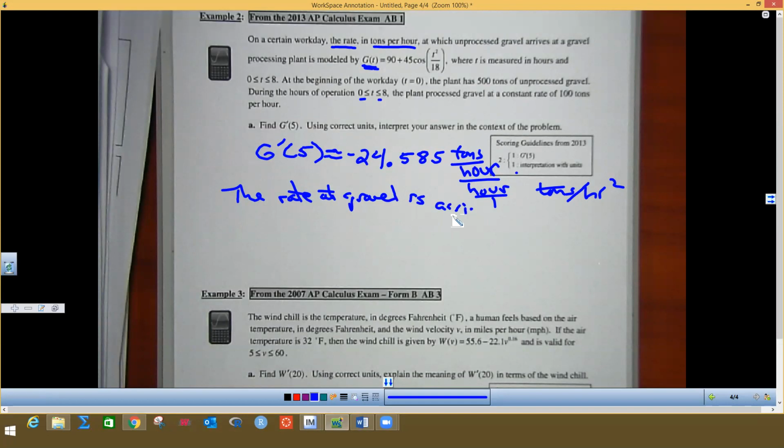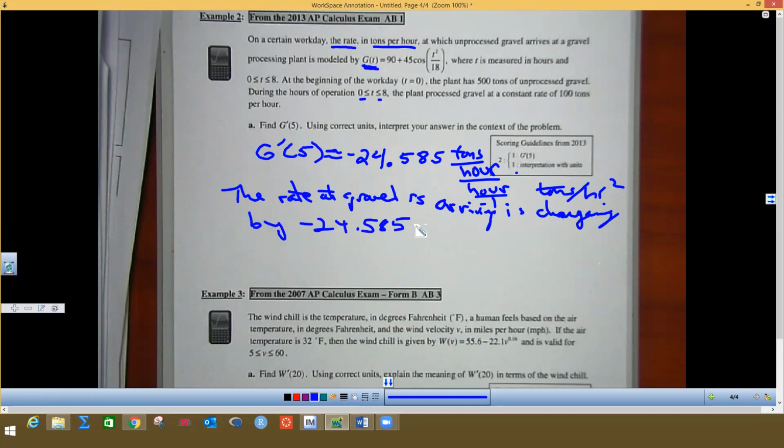I'm going to say instead of arriving is changing. We're going to say the rate at which the gravel is arriving is changing by, because it's a rate, changing by negative 24.585.